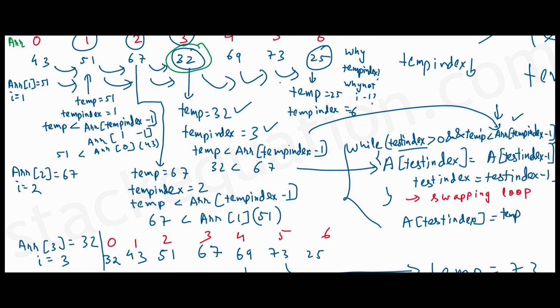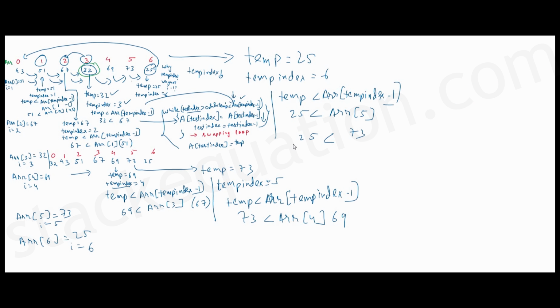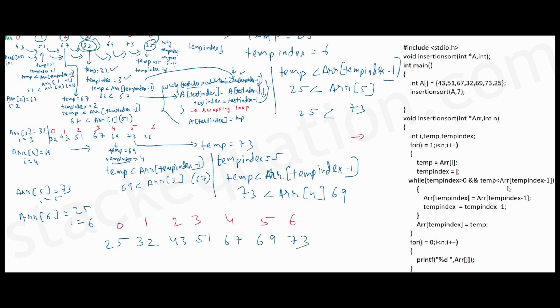And then once all the elements move to the right, 25 will be stored at its right place. So we'll get our final array, that is 25, 32, 43, 51, 67.